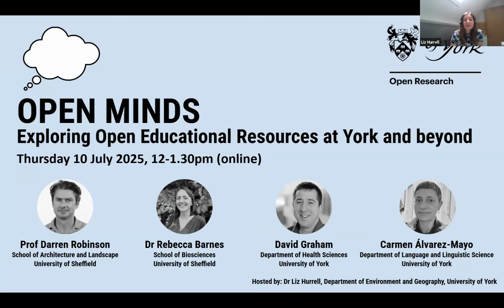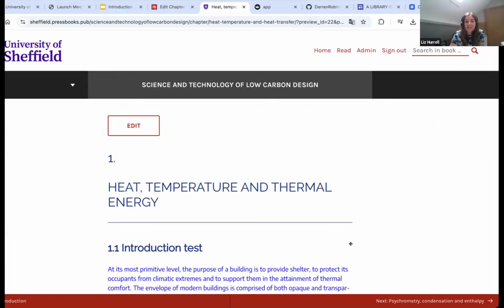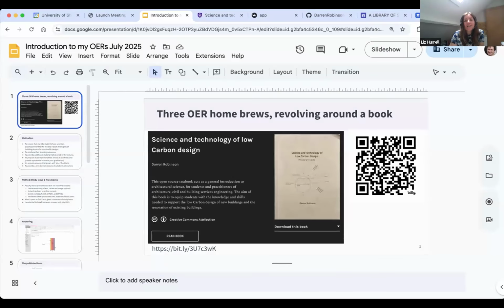So I think we're ready to hand over to our first guest speaker, who is Professor Darren Robinson. Darren is a chair in architectural and urban sciences at the School of Architecture and Landscape at Sheffield. Darren's research is conducted at the interface between social physics, the people, building physics, the building, and urban physics, the city, across different scales.